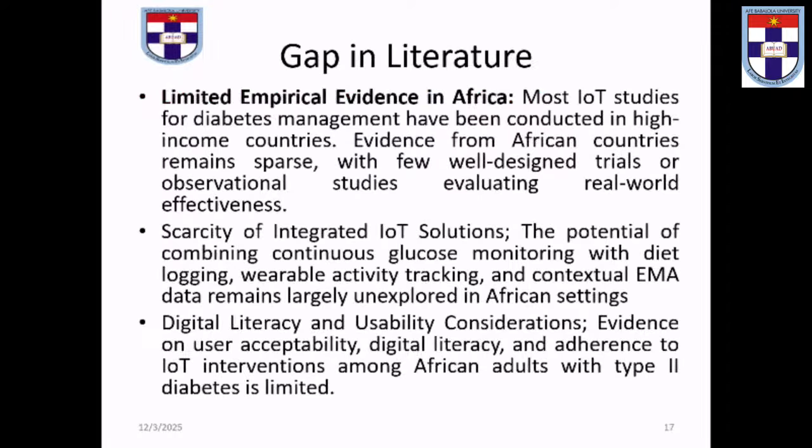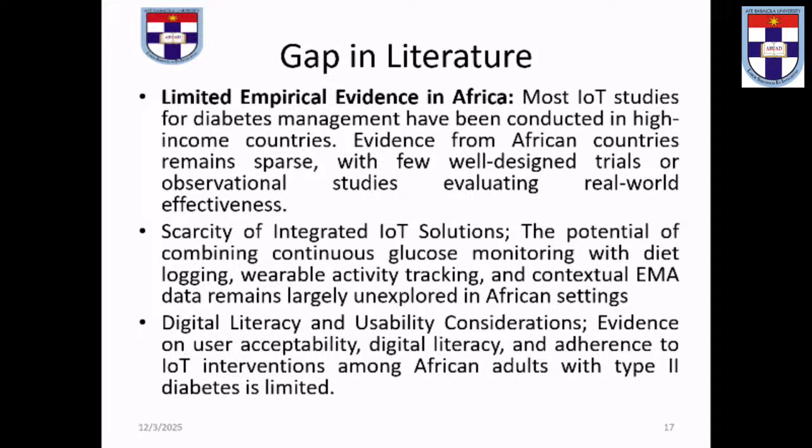The gap in literature: there's limited evidence in Africa, as most of the evidence gotten was from developed countries. Also, another gap discovered was the scarcity of integrated IoT solutions. Most of the IoT solutions being used usually do not combine most of these components of Internet of Things.